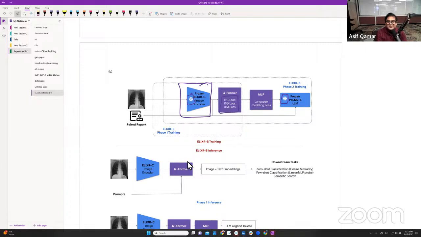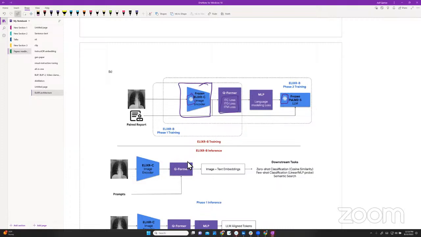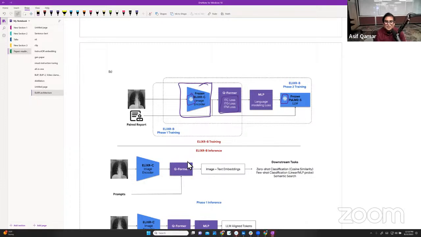The three losses, ITC, ITG and ITM, can somebody say what these are? Image text contrastive loss, image text generative loss, and image text matching loss. Exactly. Thank you. What happens is that as the errors arise from the text generated from the PaLM, from the large language model, you can't touch the PaLM model. You can't touch the large language model. That is frozen.